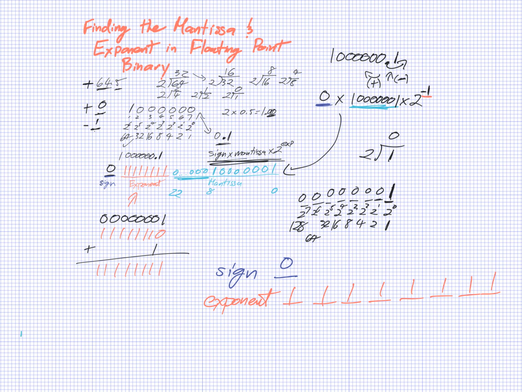Mantissa should have 23 representations. I'm going to start on the right side because I know it starts with a 1. Then we have 6 zeros: 1, 2, 3, 4, 5, 6. Followed by a 1 binary digit, and then all the way to the end, the rest of these digits, because it's 32-bit again, would actually be zeros.